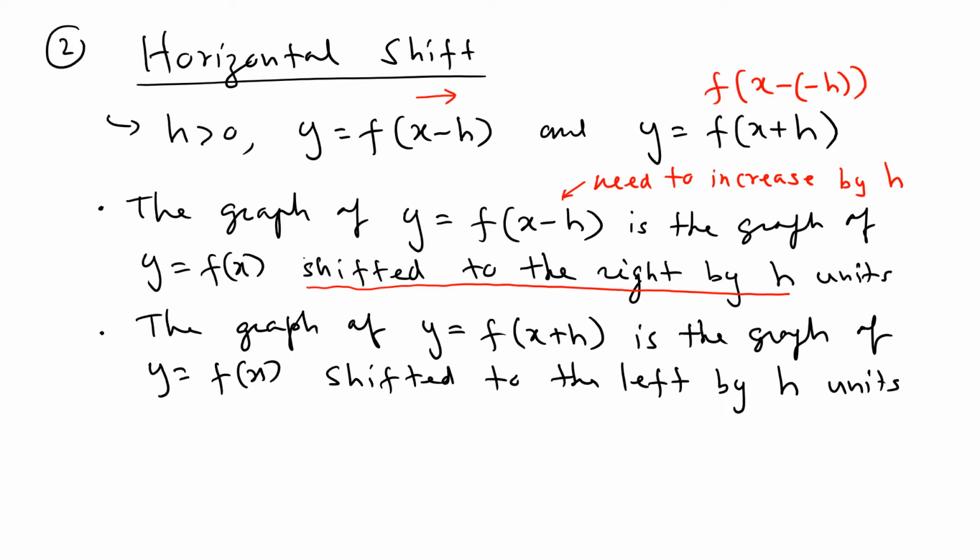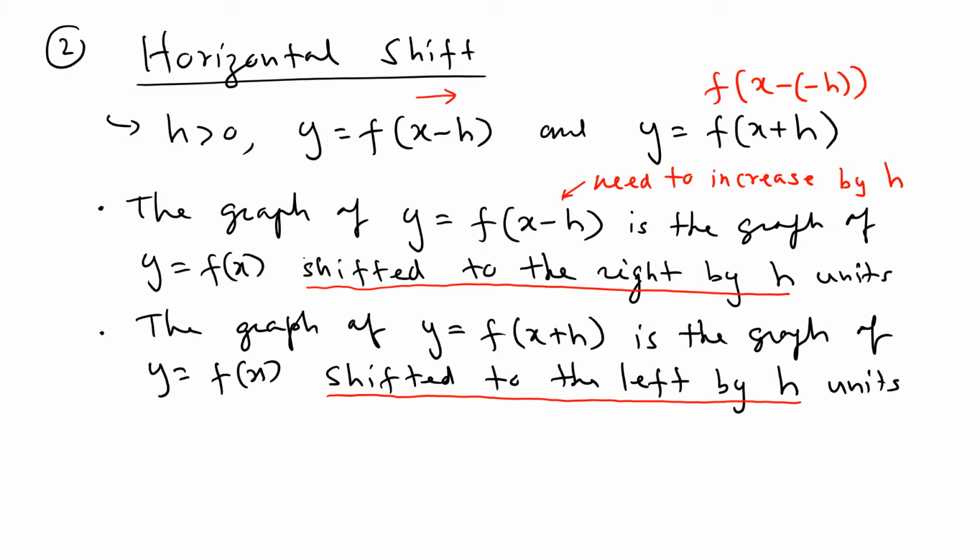Again, since you are adding inside, because you add plus h to the coordinate, just to cancel each other, we're going to subtract that h amount from the x coordinate. That's why we move the whole graph to the left to subtract it. So, shifted to the left by h units.